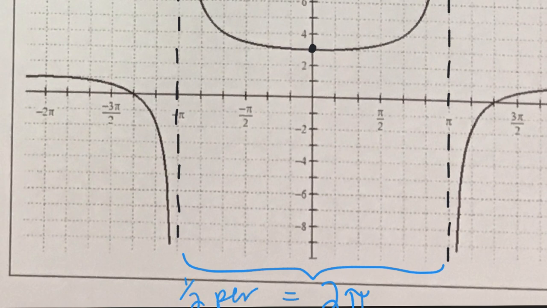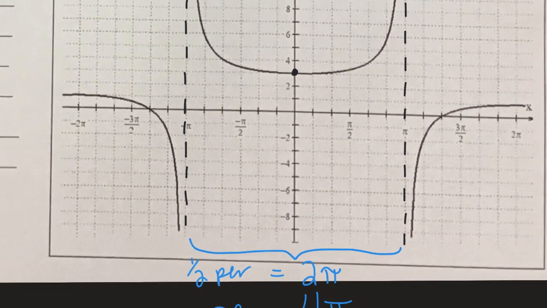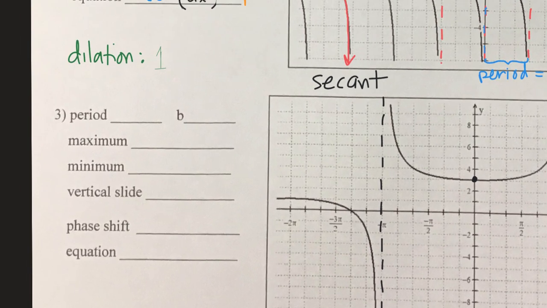So if half of my period equals 2 pi, what does my entire period equal? 4 pi, right? We have to multiply it by 2. So 1 U is only half of your period. That's half of your cycle. So we have a period of 4 pi.